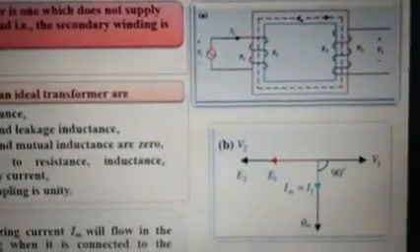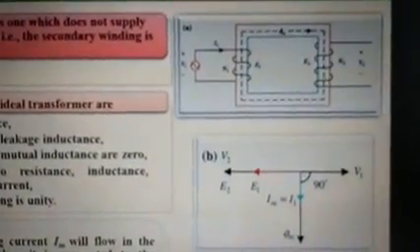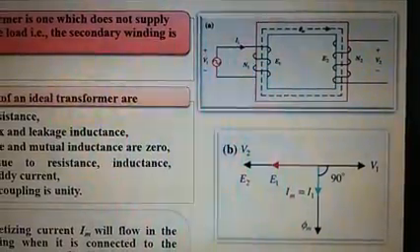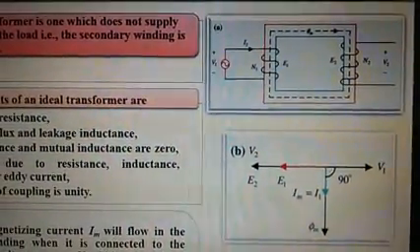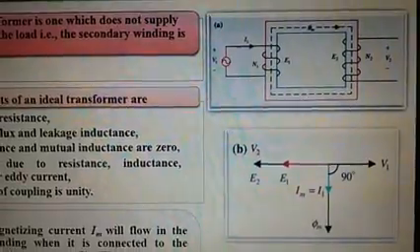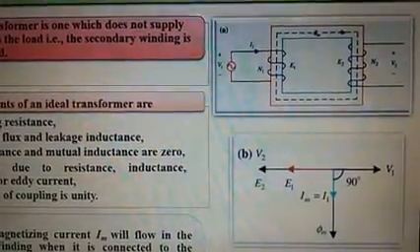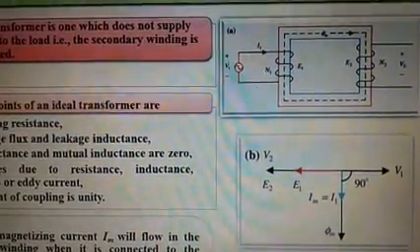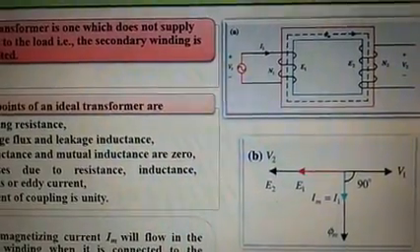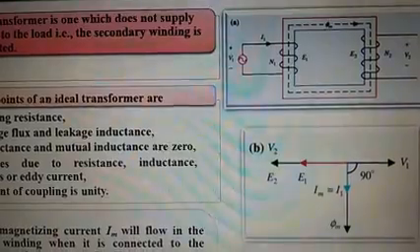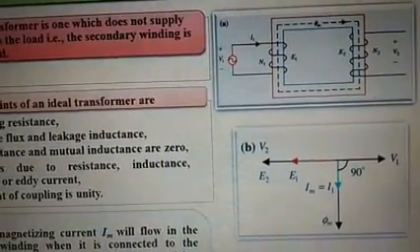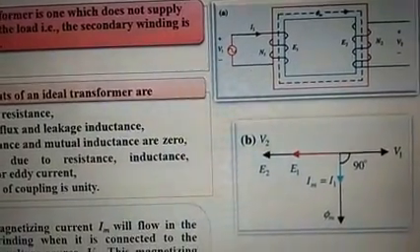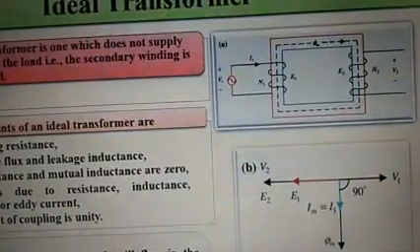Now the second diagram shows the V1 voltage supply, AC voltage supply at the primary side, and the current I1. Current I1 lags behind by 90 degrees because the coil is assumed as a pure inductive circuit.